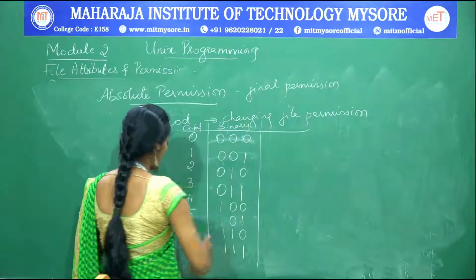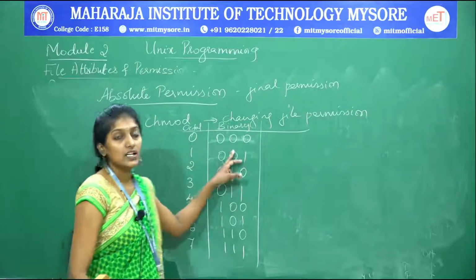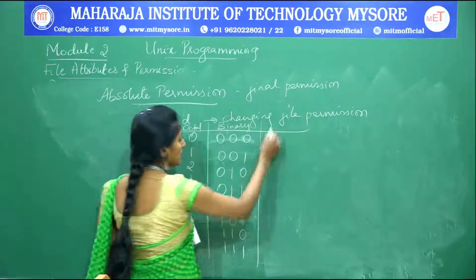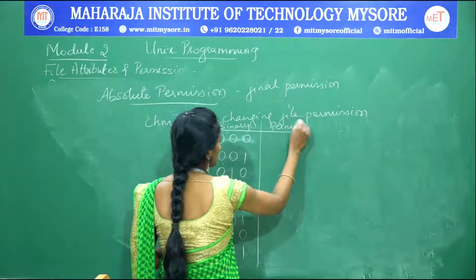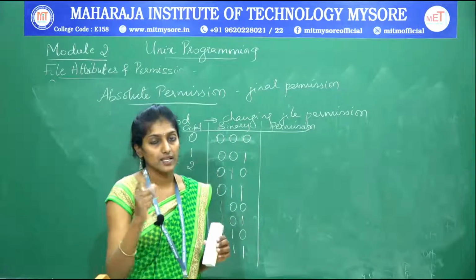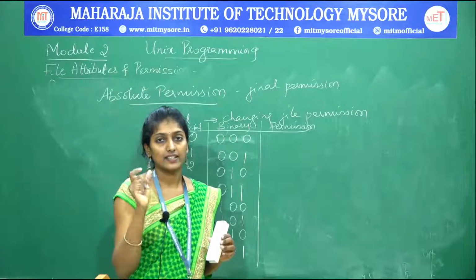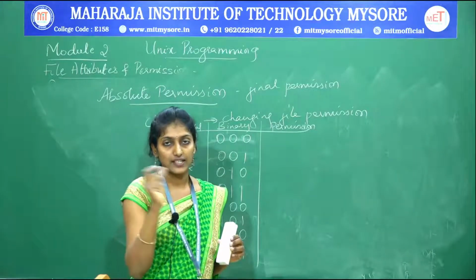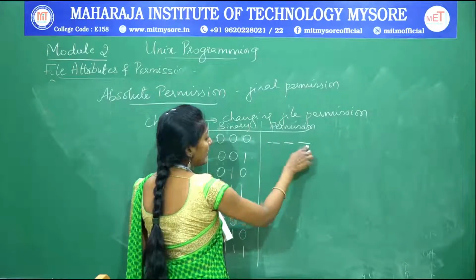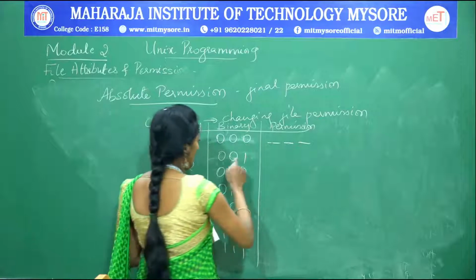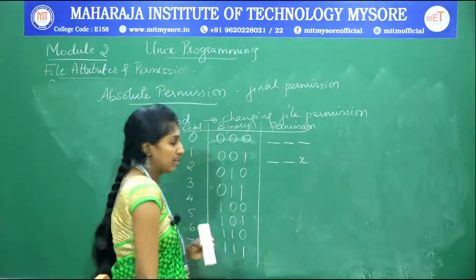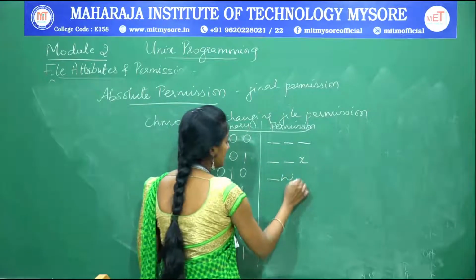Now, how do we represent this binary representation with the file permission for absolute permission? Since the permission for all 3 categories of user, group and others is represented in bits, read, write and execute: 0 means read, write, execute are all 3 disabled, whereas for 1 only execute is enabled, and for 2 only write is enabled.